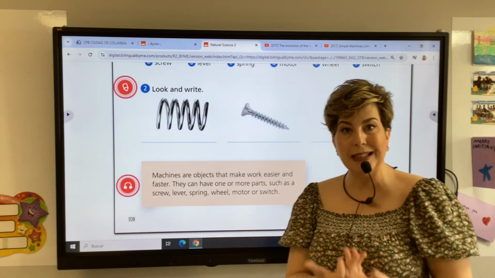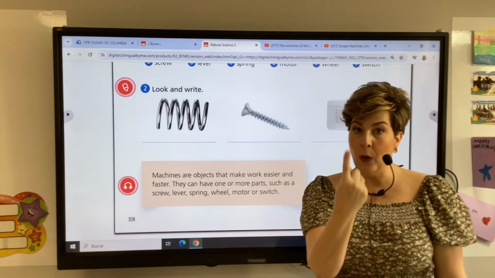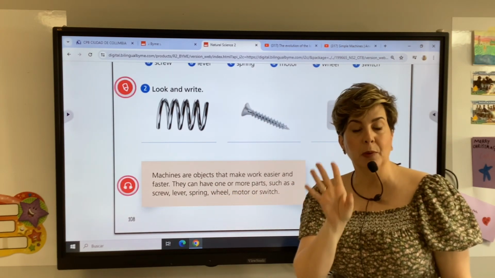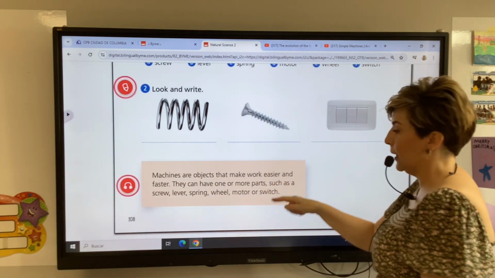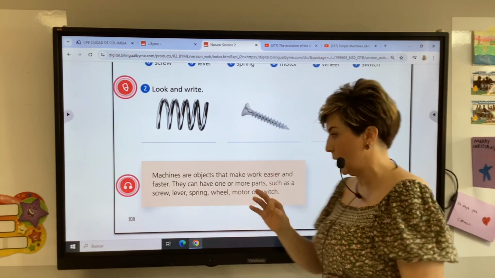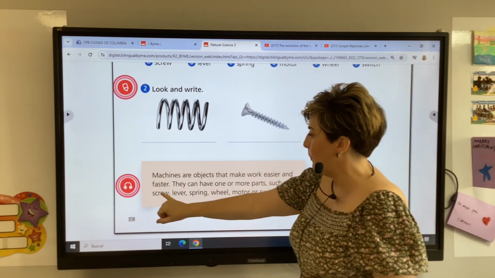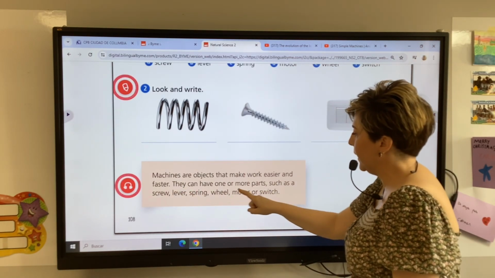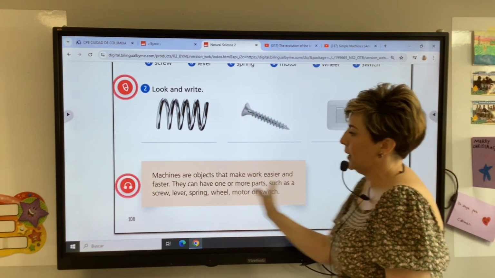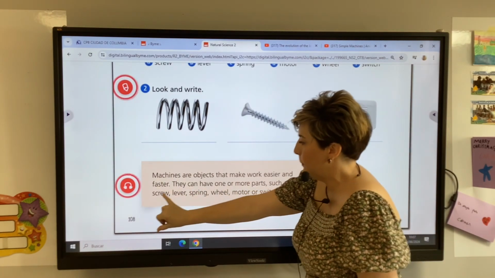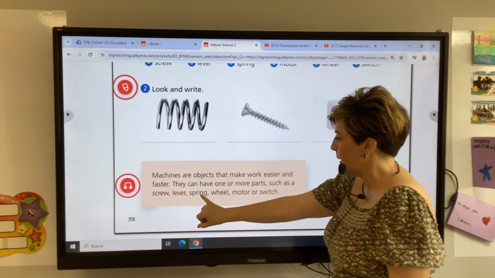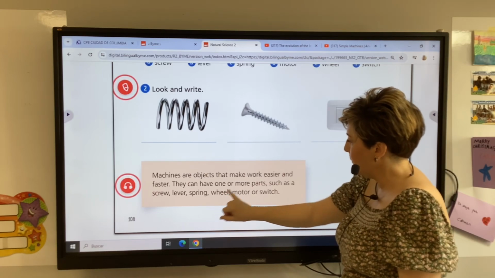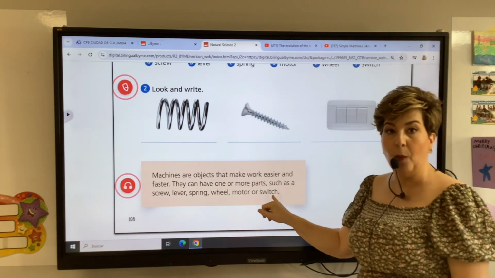Because we are using a machine. They can have one part, and that is a simple machine, or more parts, and that's a complex machine. For example, we have the screw, the lever, the spring, the wheel, the motor, or the switch. These are some examples. Simple, simple, simple, simple, complex, and complex.